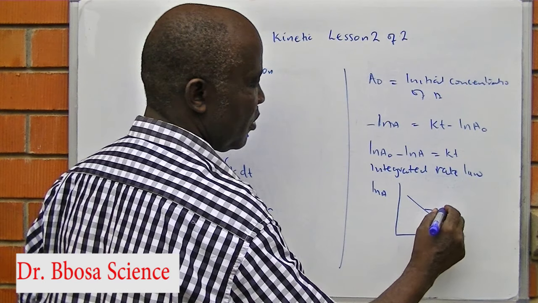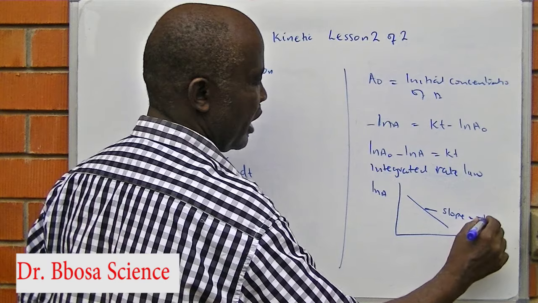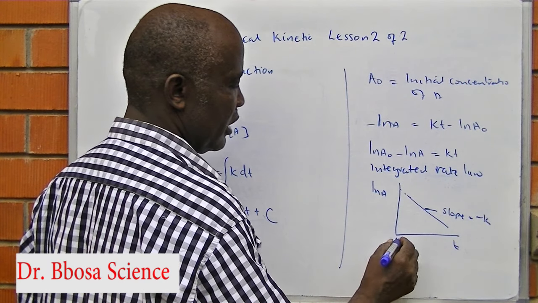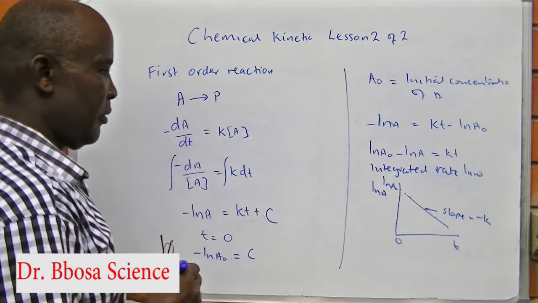the slope or gradient is equal to negative K. When we extrapolate this graph to 0, then we get natural log A naught.